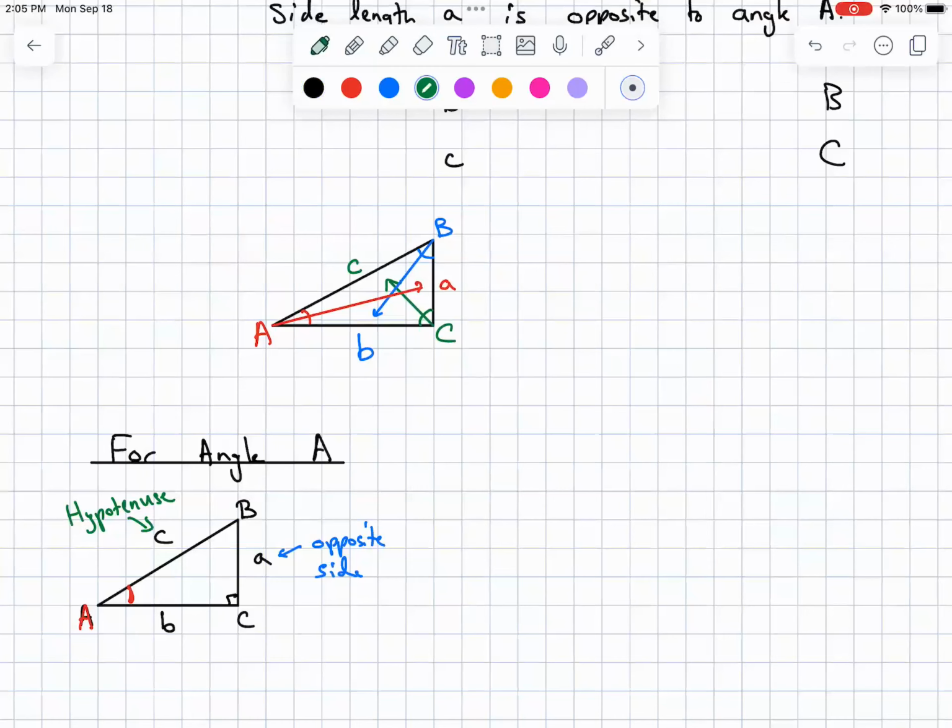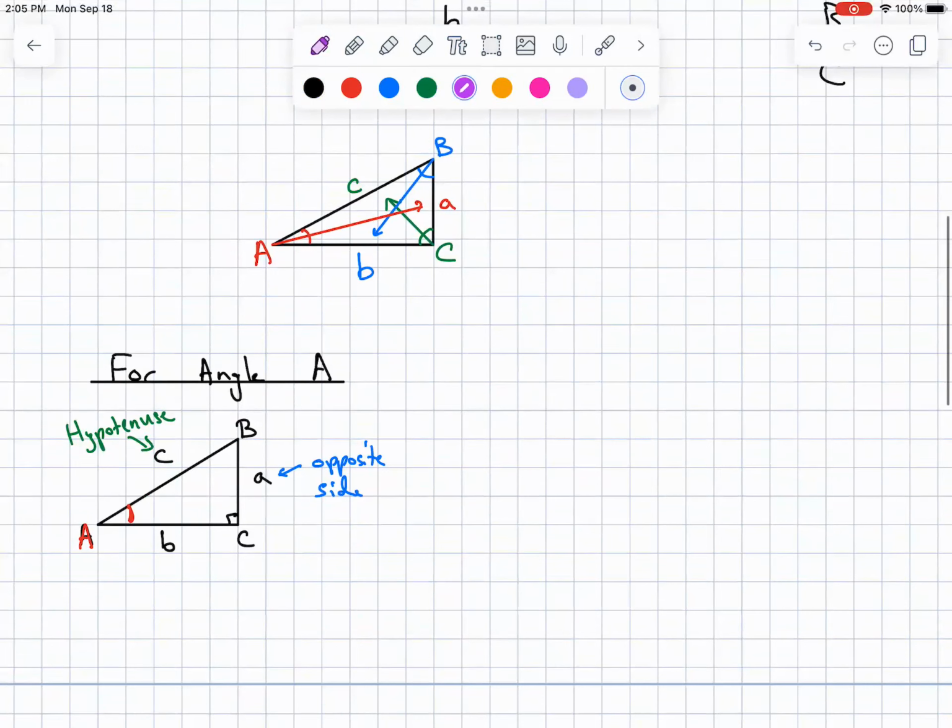That will not change regardless of whether you're focused on angle A or angle B. The hypotenuse is always the hypotenuse. But the opposite side to capital A, to the angle A, is lowercase a. The other side, b, is what we call the adjacent side.